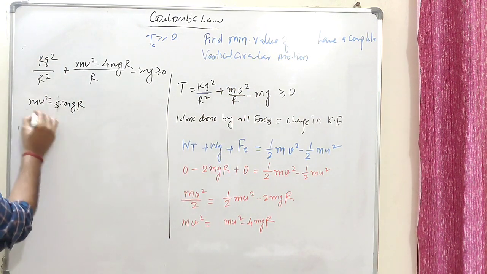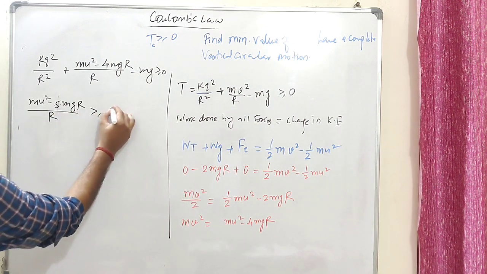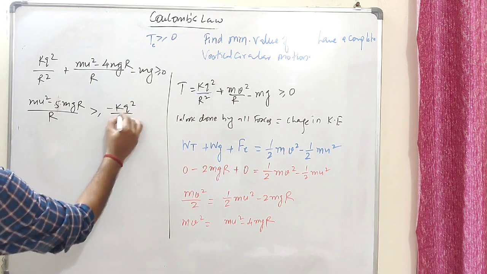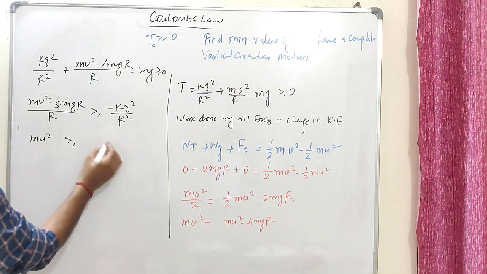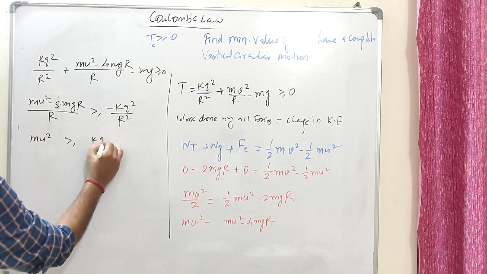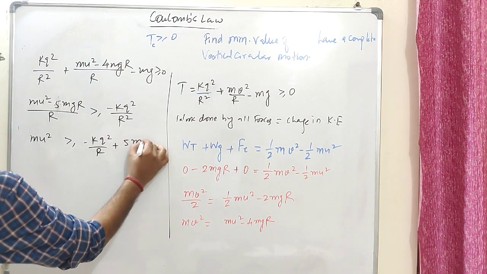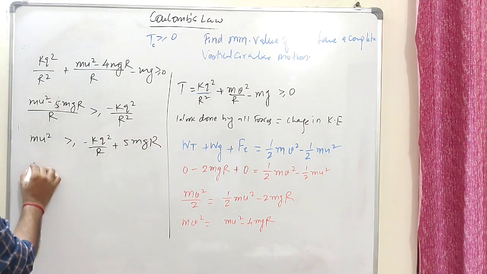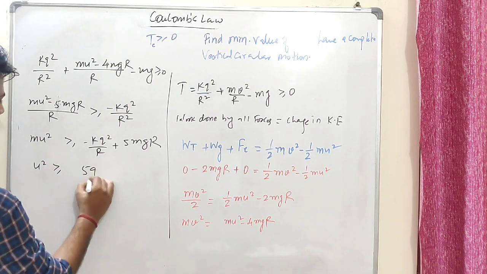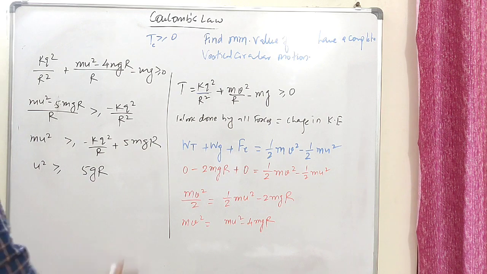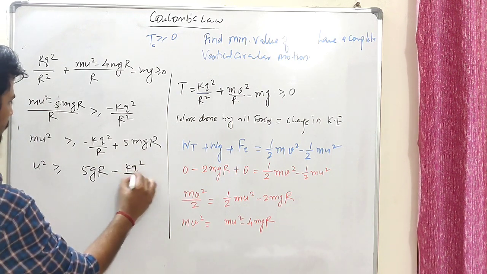Over r should be more than or equal to minus kq square over r square. So mu square should be more than kq square over r plus 5mgr. So u square should be more than 5gr minus kq square over m.